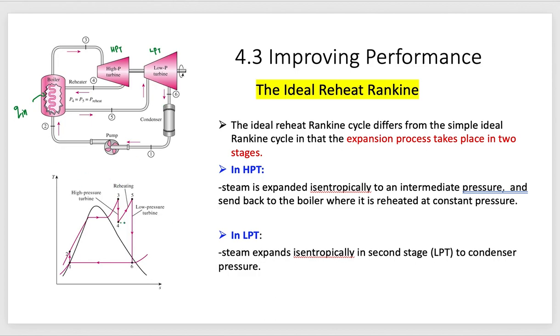At the HPT, there will be isentropic expansion where we can say that S3 is equal to S4. Okay, so if we look at T4, the temperature is still higher compared to T2. So it is a waste if we release this temperature to the atmosphere. So what happens is we reheat this steam in a boiler, or we send this steam back to the boiler.